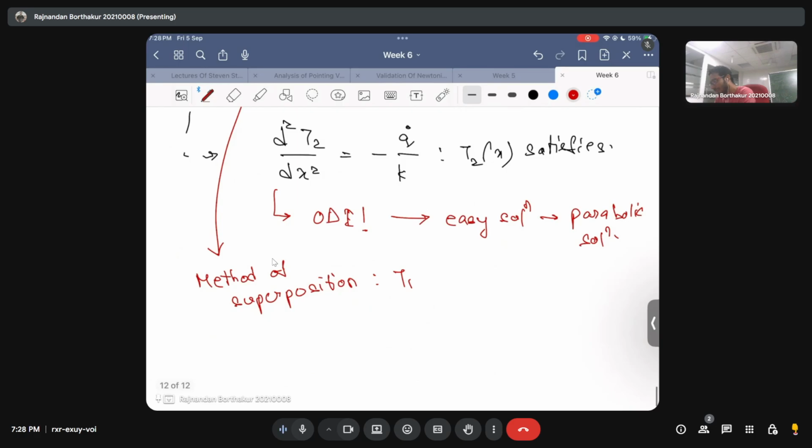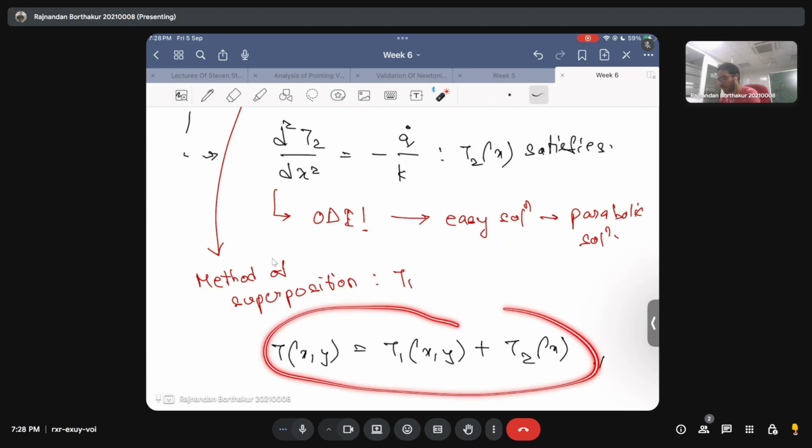And then your final solution, T of x,y, is just the linear superposition of T1 of x,y plus T2, which is just a function of x. That's it. It's a superposition that we do, and that's the reason why this is known as the method of superposition.